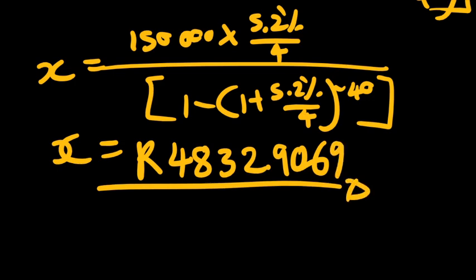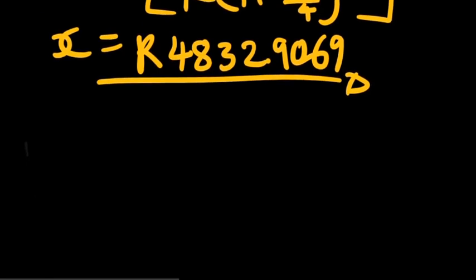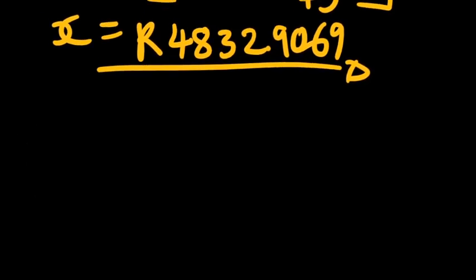So this is the payment for this loan that I took. I'm supposed to pay up, obviously I'm paying quarterly, not monthly. So I'm going to pay up 4,832 rand 0.9069.